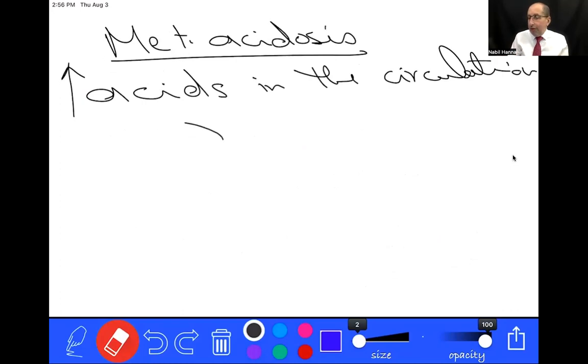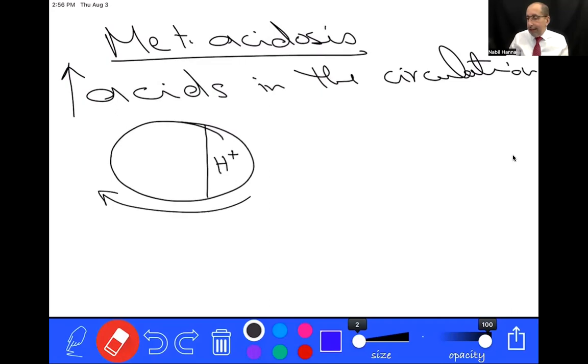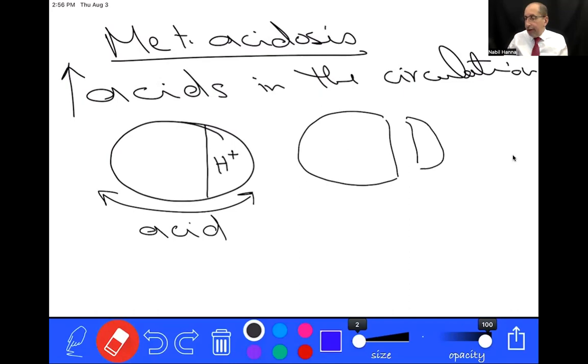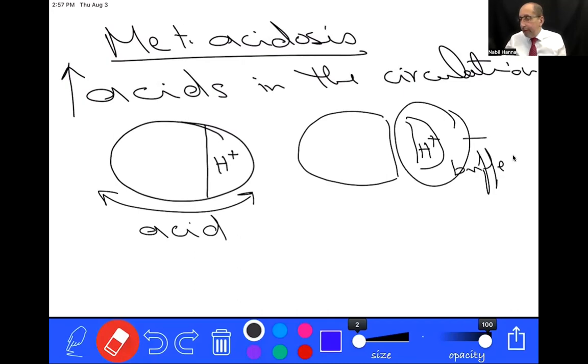Now, Chemistry 101 tells us that an acid is any substance that is capable of liberating hydrogen ion. So if this is an acid molecule, when it liberates a hydrogen ion, this hydrogen ion will be buffered by bicarbonate.